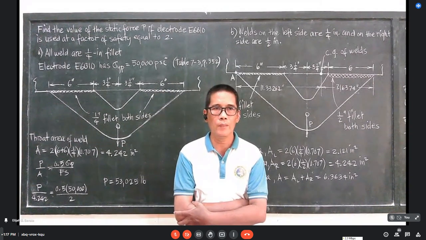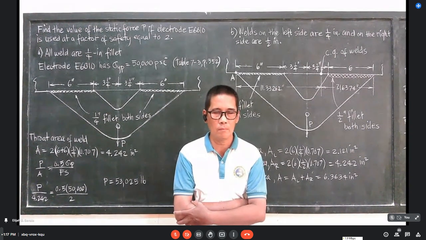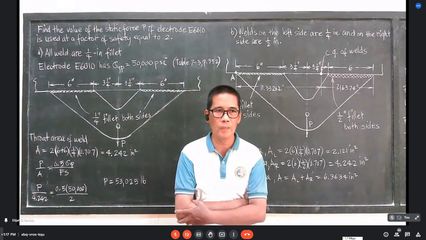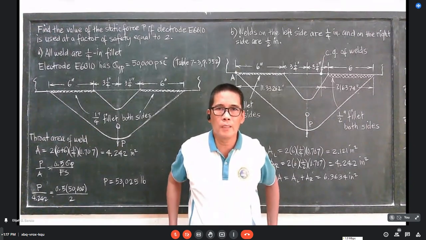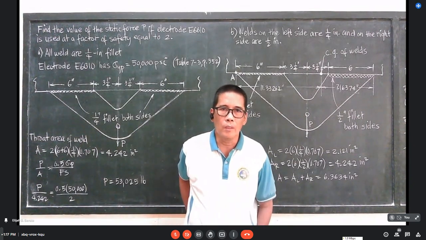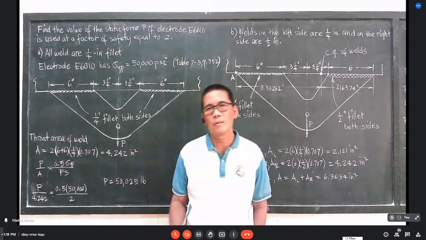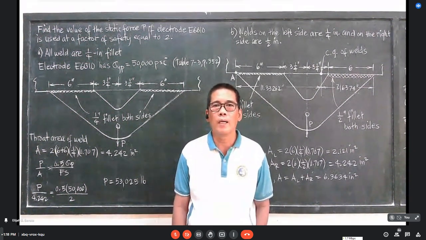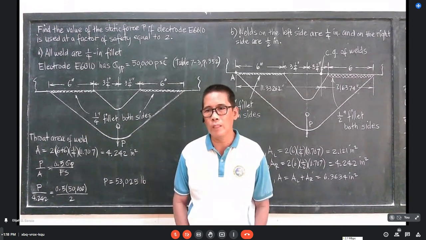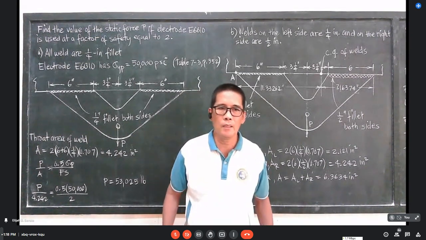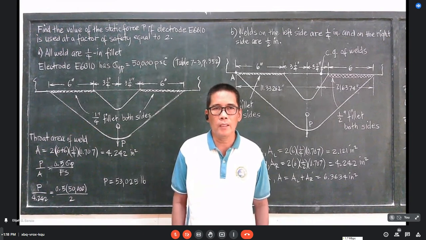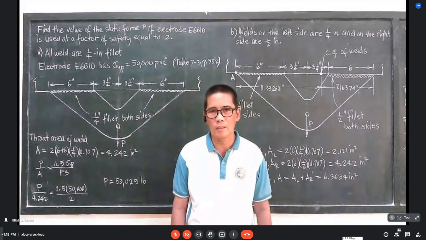If it is concentric, meaning it passes through the center of gravity, the load is evenly distributed. So if it is not eccentric, it is very easy. You just divide the force by the throat area, and that is the stress. We call it the direct stress.